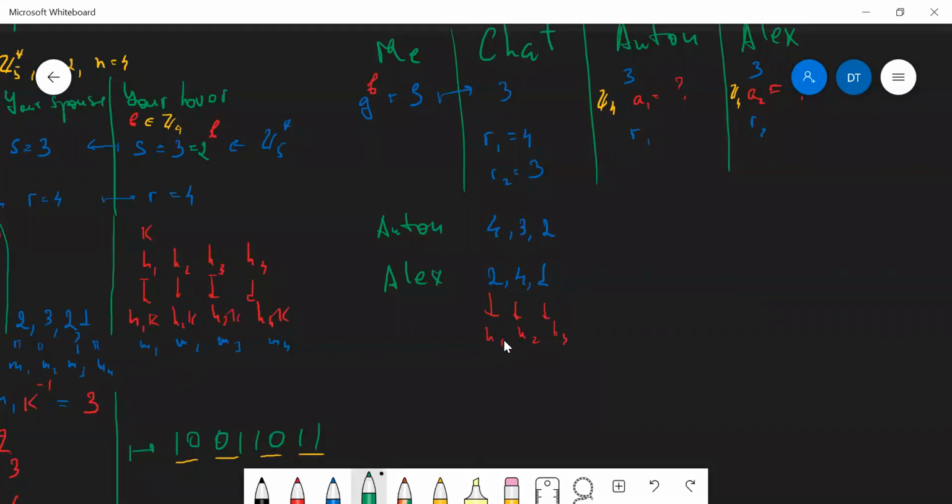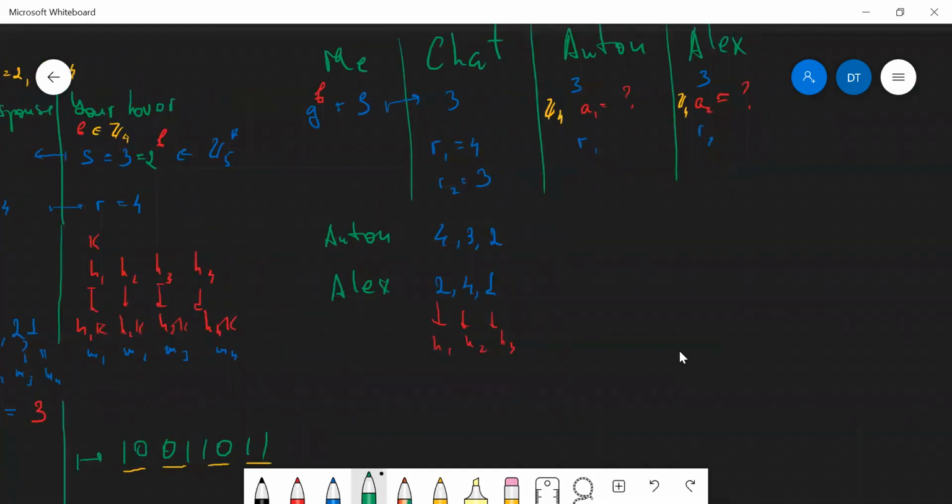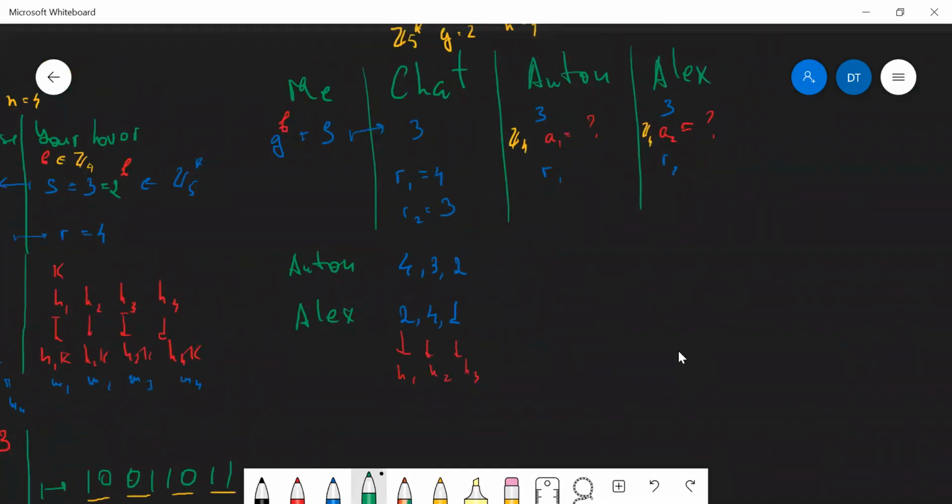I multiplied H1 by the secret key, and the result was 2. So in order to recover the original message, you must multiply the element 2 by the key inverse, K inverse, where K is your secret key. So this is how to decrypt every element. Is it clear?